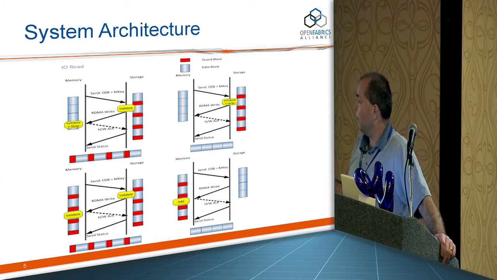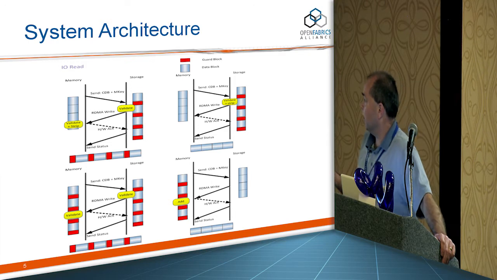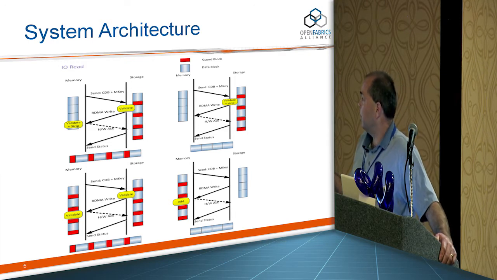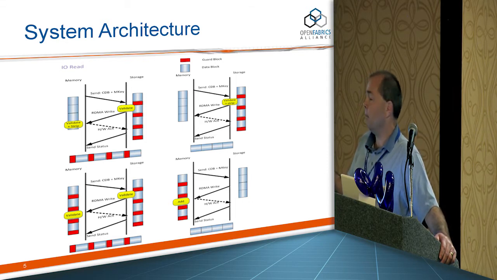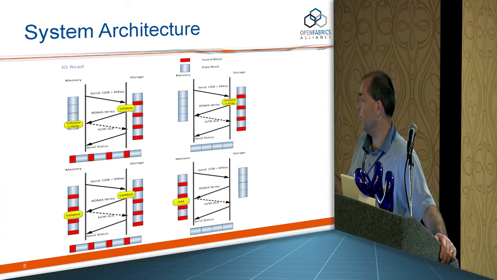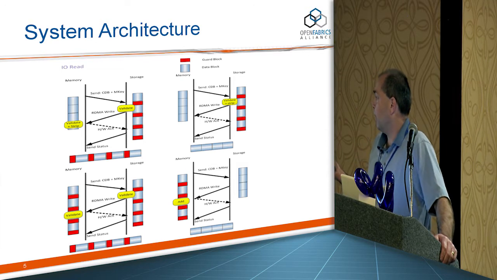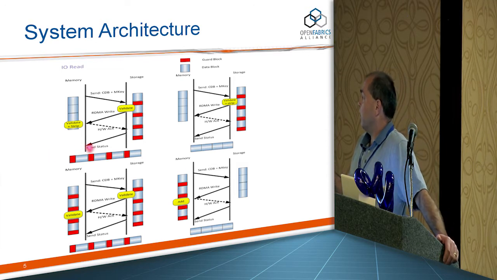So you may have data that originates from storage that has the protection on it. It ends up in main memory without any protection. So this could be, for example, a legacy device. The data can go over the wire with the data protection intact.